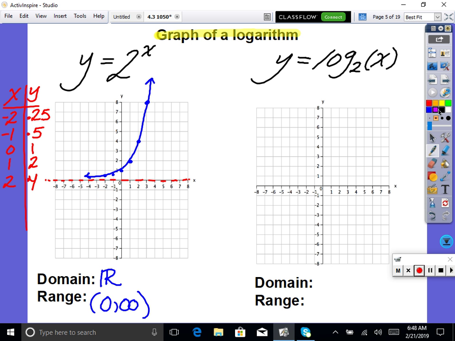Now guys, isn't it true that this and this are inverses of each other? Well, let's see if they really are. So to find an inverse, don't we switch x and y of an equation? So we have x is equal to base 2 to the y. And then aren't we trying to solve for y with inverses? That's our next step. So we need to get base 2 to go away. Don't divide by 2. That's not what undoes a base 2. So what are we going to do to undo base 2? Log base 2 both sides.